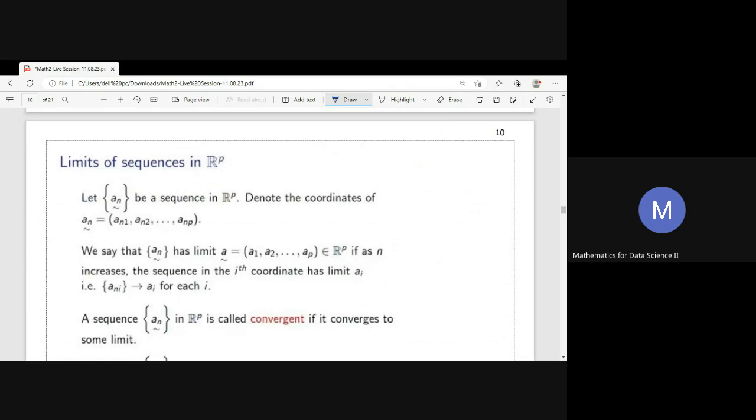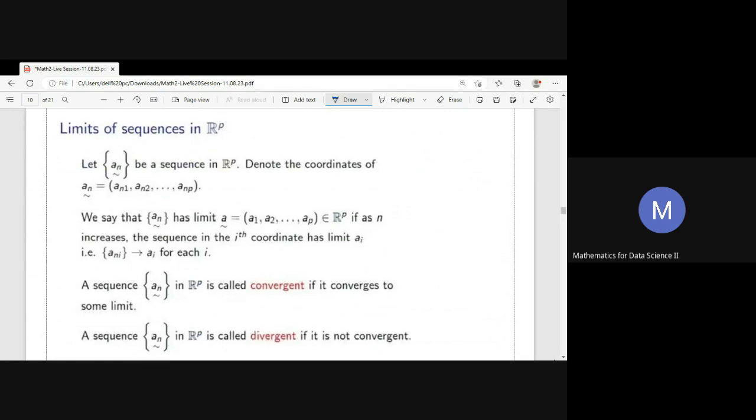Now, limit of sequences in R^p. So you are now considering sequences in R^p. Let a_n tilde be a sequence in R^p, and denote the coordinates of a_n tilde as a_n1, a_n2, ..., a_np. Now we say that a_n tilde has a limit a tilde if, as n increases, the sequence in the ith coordinate has the limit a_i.